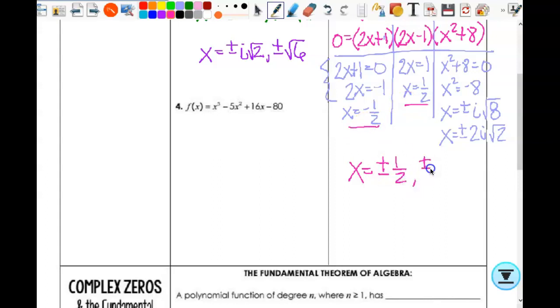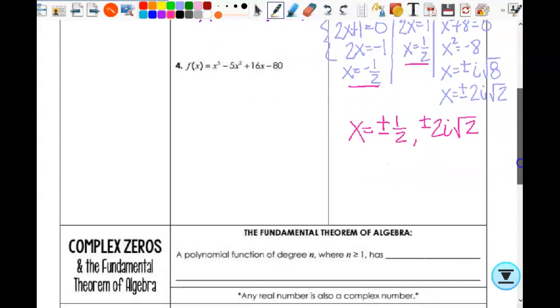And then I have plus or minus 2i times the square root of 2. So 4 zeros here, 2 imaginary, 2 real. 2 of the imaginary ones are also irrational. Okay, we good? Questions?